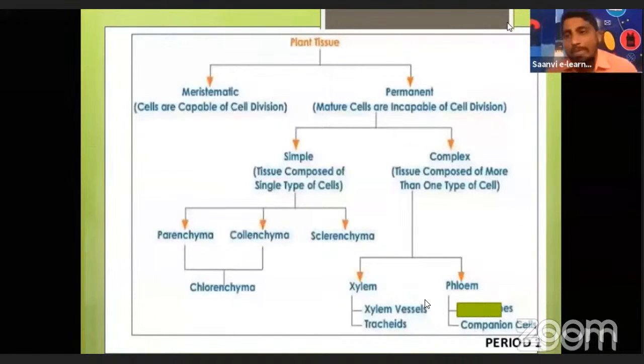See here, phloem, spelling Phloem, first letter is P. P for food. So you just keep in mind, phloem, food. So here we have two transportations, water and minerals, and food. No need to get confused.